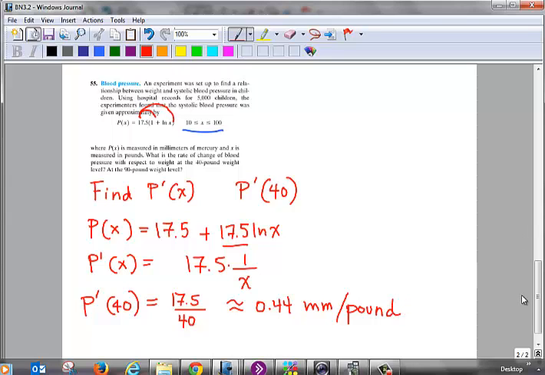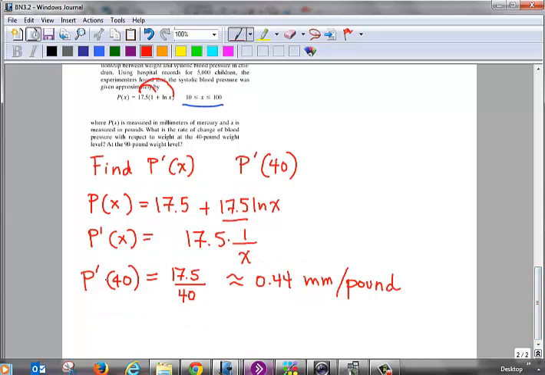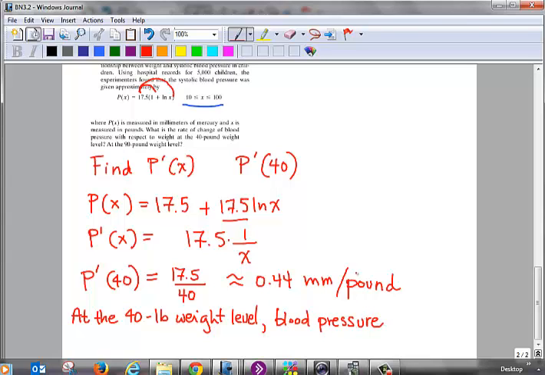And we can interpret this by saying, at the 40-pound weight level, blood pressure, remember P prime is giving you a rate of change of blood pressure, so we would say would increase at a rate of 0.44 millimeters per pound of weight gain.